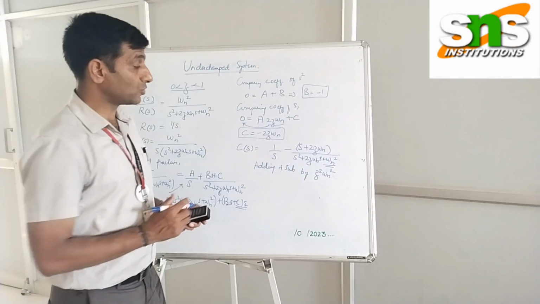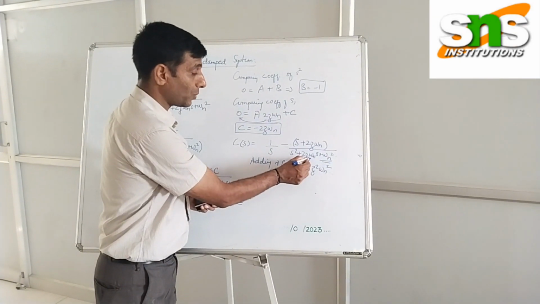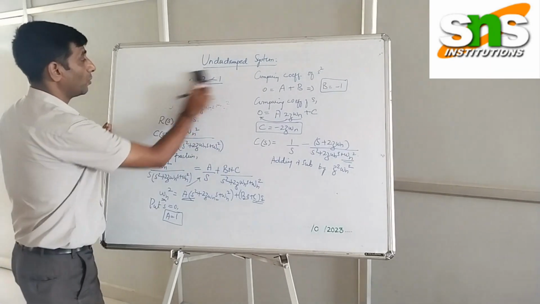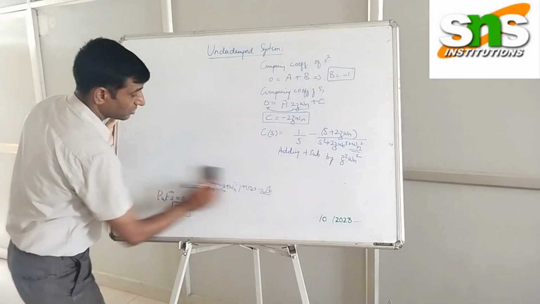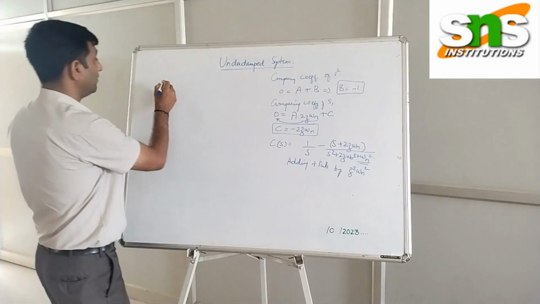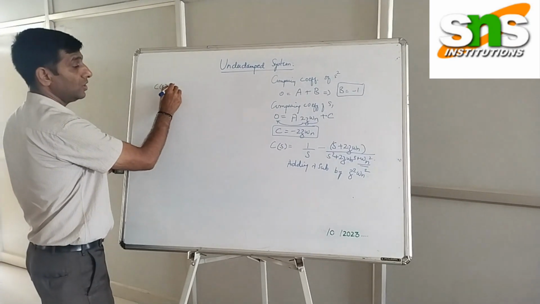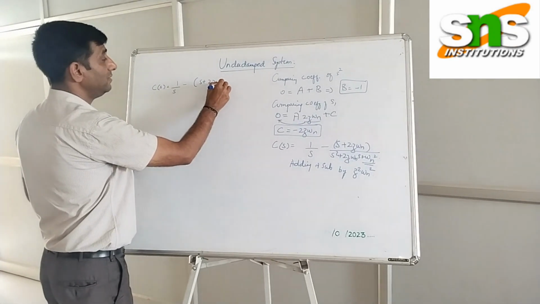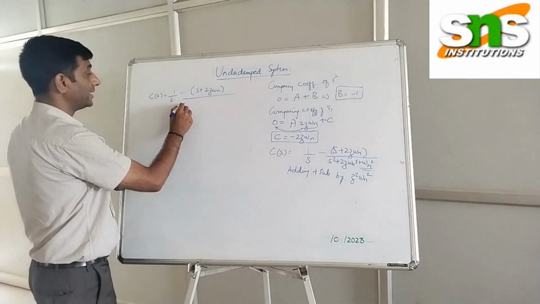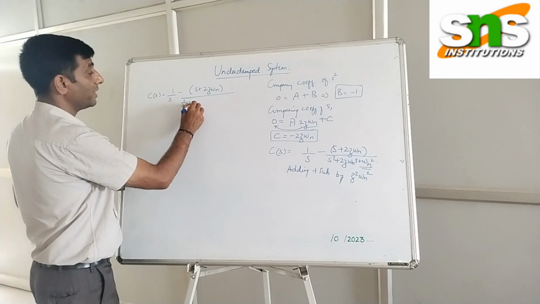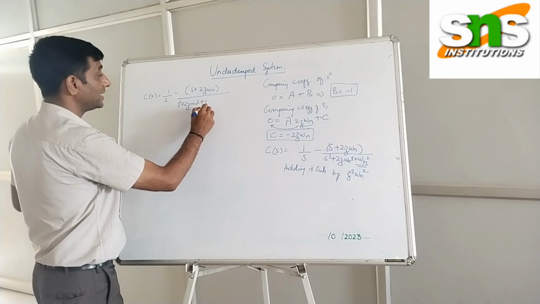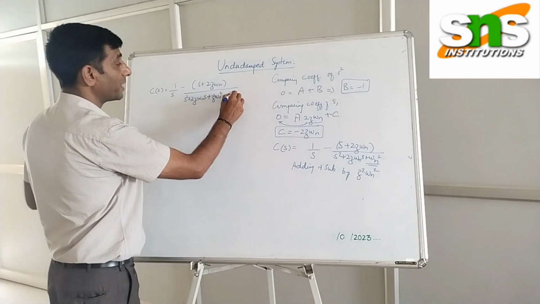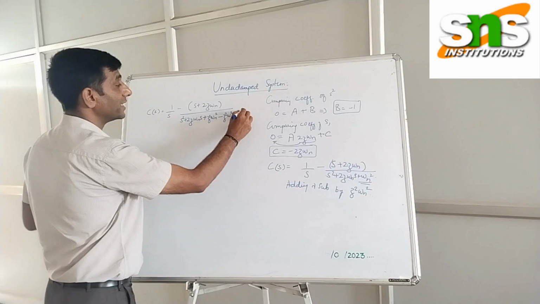Adding and subtracting zeta squared omega n squared to the second term of this equation, we get C of s is equal to 1 by s minus s plus 2 zeta omega n, the whole thing divided by s squared plus 2 zeta omega n s plus zeta squared omega n squared, minus zeta squared omega n squared plus omega n squared.